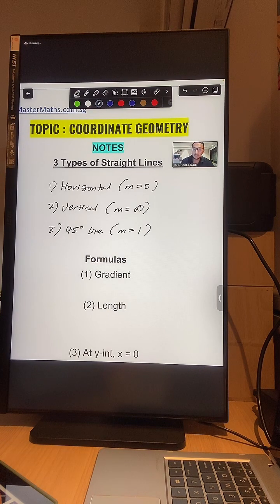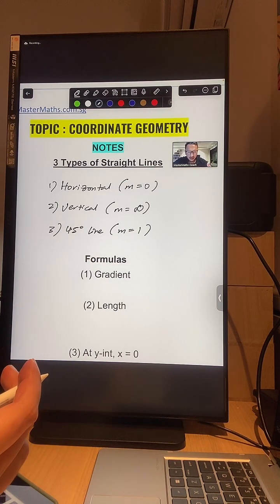So of course, m can take on other values besides 0, infinity and 1. Your m can be negative. Your m can be 10 or 15 or half.